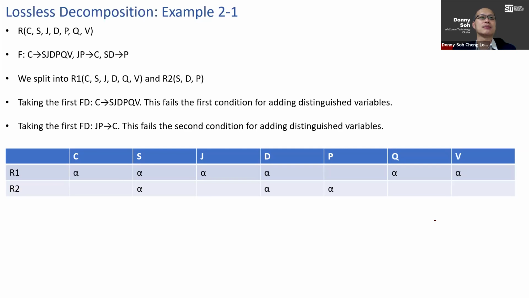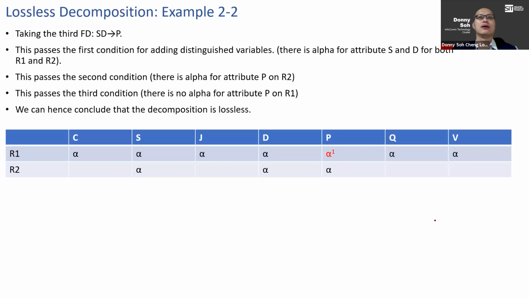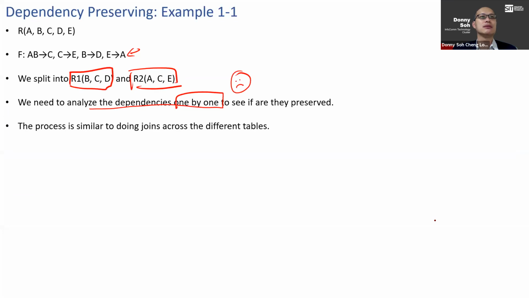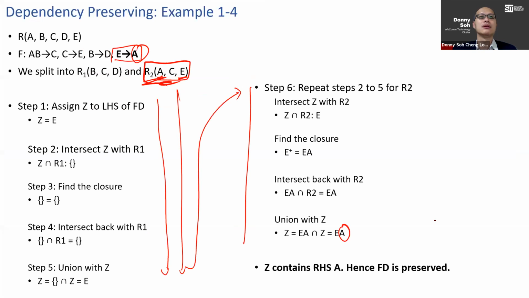So it's actually this example here, where we actually can make this to be a lossless decomposition. But then we cannot get back my functional dependency. Let me see. Did I screw up somewhere?